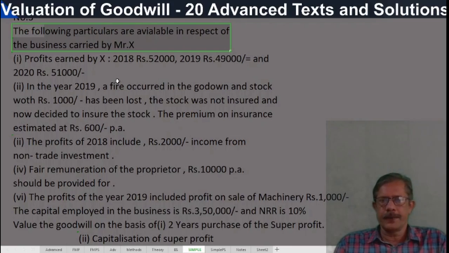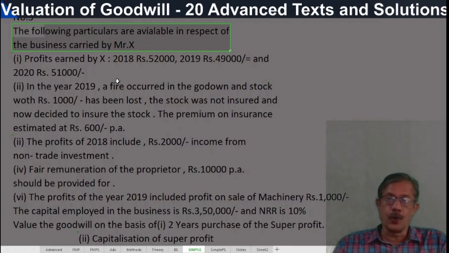Adjusted profit should be calculated. With this adjusted profit, we have to calculate average profit. While calculating average profit, see whether weights are given in the question. If weights are given, this adjusted profit should be multiplied with the weights assigned. Then calculate the average profit.